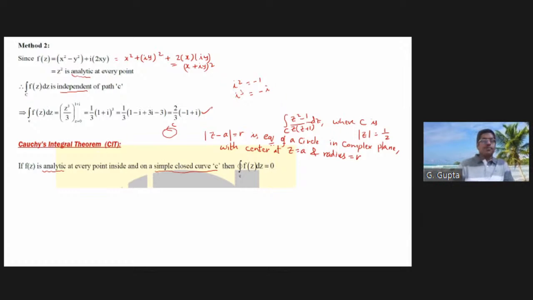Okay, let us have an example. This is a GATE question.